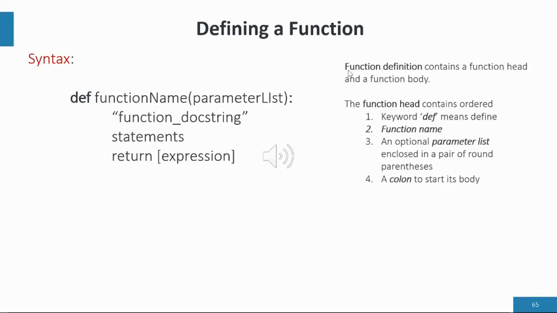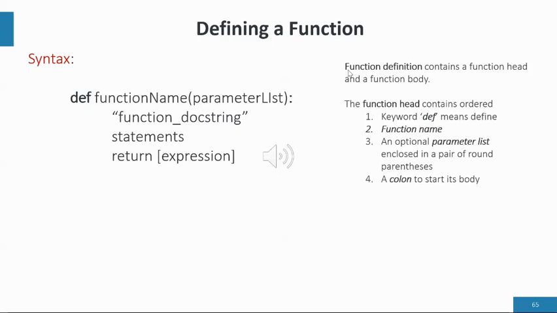The function body contains, in order, an optional function docstring, that is, the document string of the function. Then a group of statements that perform the function actions, and then the return statement with an optional expression to exit the function.